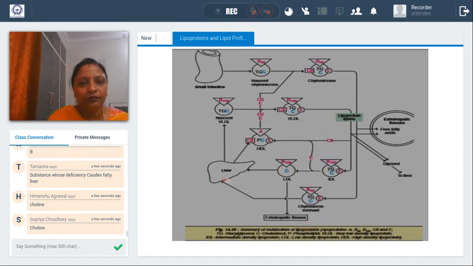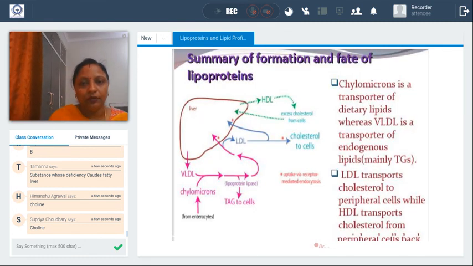You can see here, and this is acted on by lipoprotein lipase, free fatty acids, glycerol to liver. Summary of the formation and fate of lipoproteins.